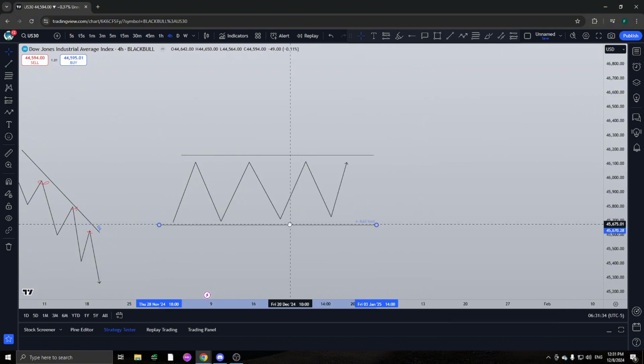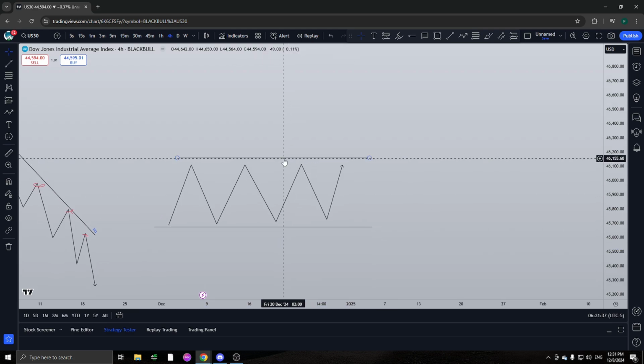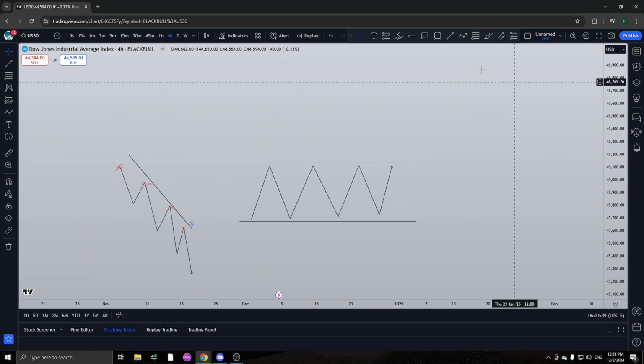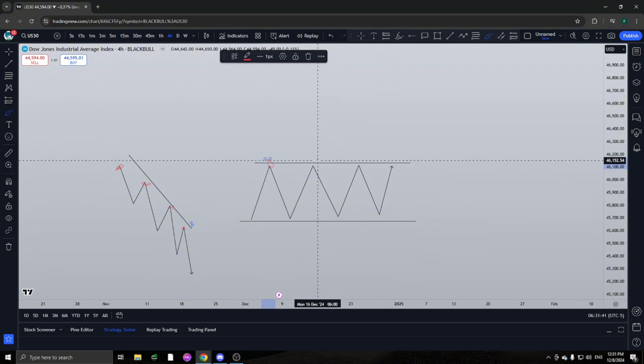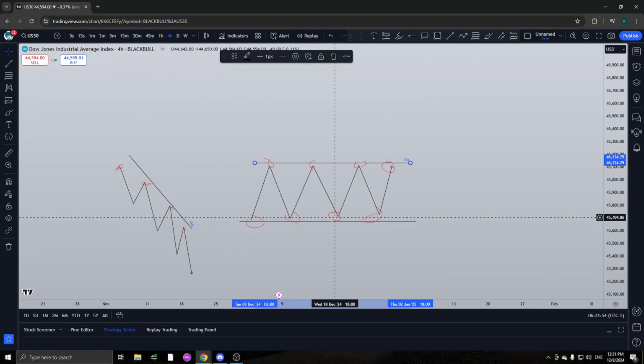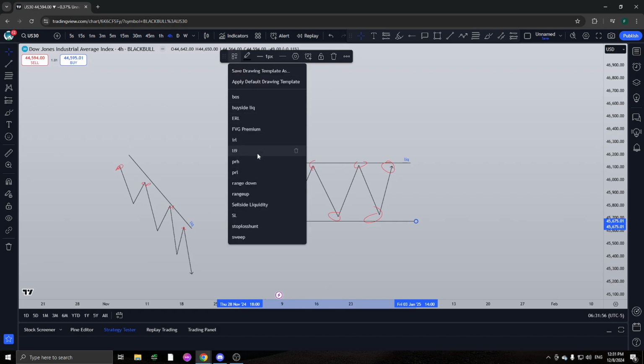Market is creating highs and lows, but none of them are actually really breaking. So what happens? People sell, sell, sell, but people also buy, buy, buy. So you get a lot of wicks here and a lot of wicks here. So we got both sides of liquidity.